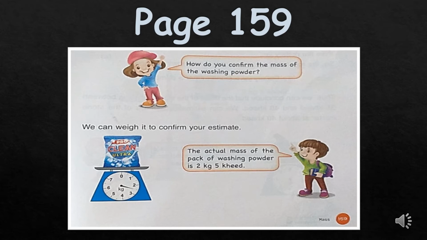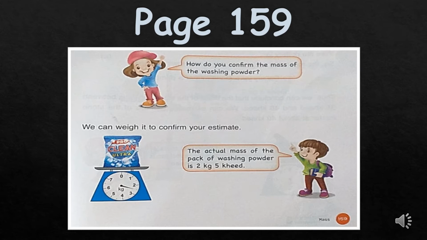So like I said in the vocabulary, you want to know for sure what the actual weight is. So we estimate that the weight of washing powder is 2 kilograms and 5 keys, because we can guess that from the scale. But now we need to know for sure. How do you confirm the mass of the washing powder?